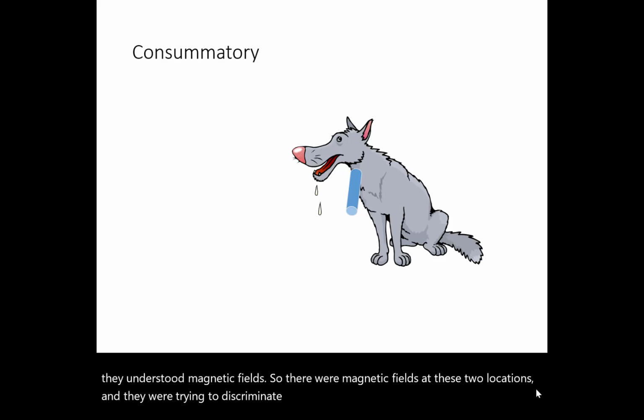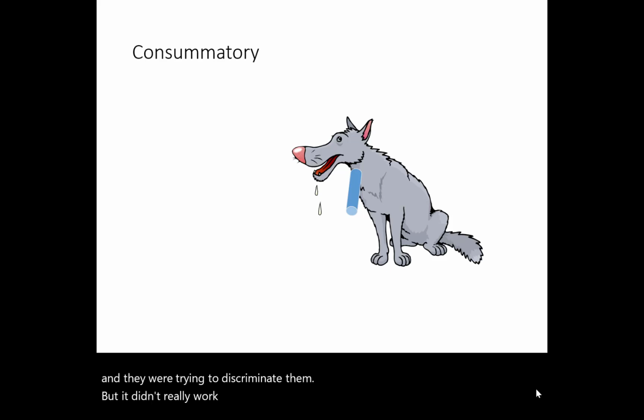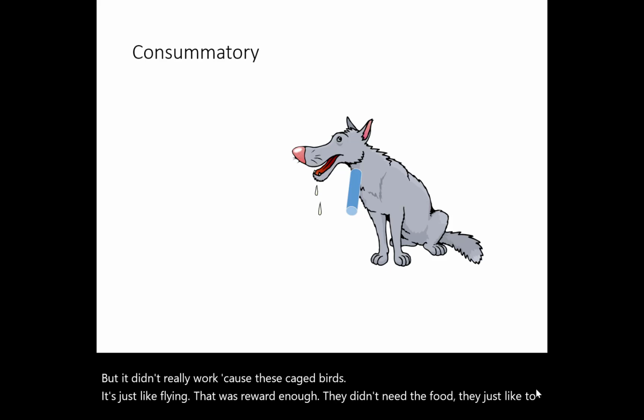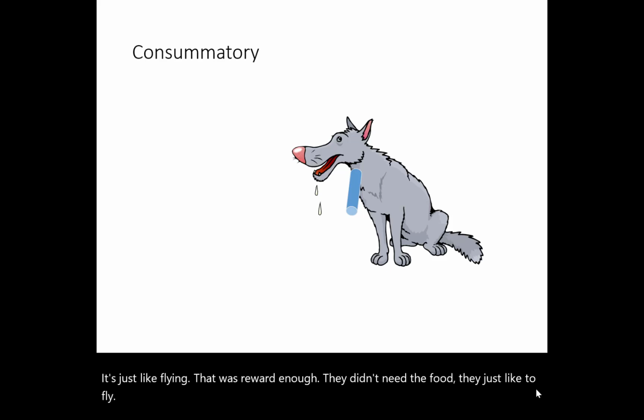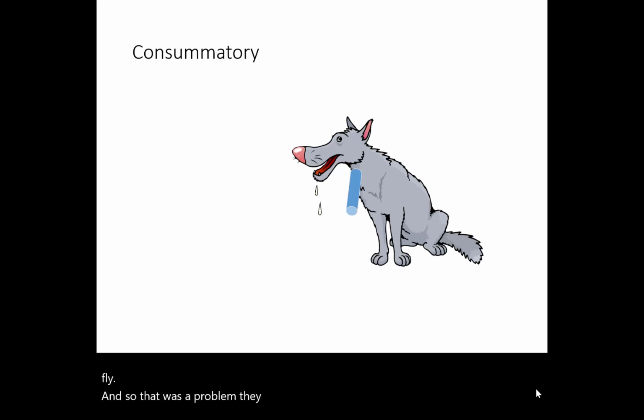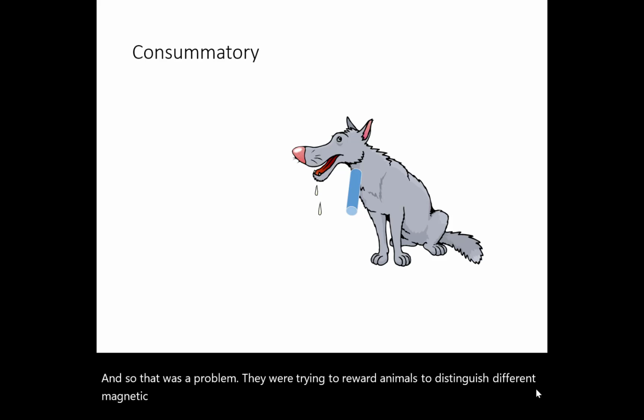But it didn't really work because these caged birds just like flying. That was reward enough. They didn't need the food. They just like to fly. And so that was a problem. They were trying to reward animals to distinguish different magnetic fields, and the animals were rewarded no matter what they did because they got to fly.